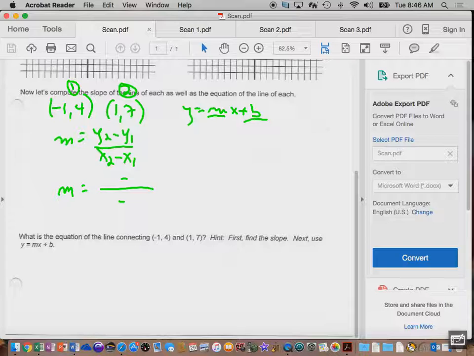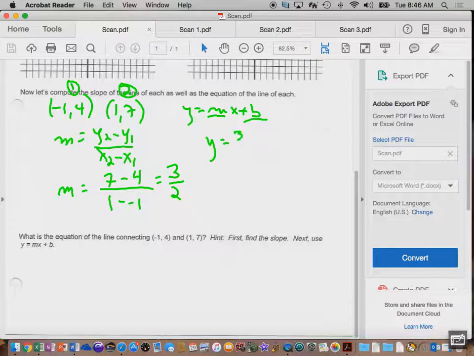In time you don't write this on top of it, but for now I'm going to do it just to emphasize. When people see this y sub 2 stuff, they often get a little bit intimidated. Don't get intimidated. This is the y from the second point minus the y from the first point. So it's 7 minus 4, over the x from the second point, 1, minus the x from the first, negative 1. And this works out to be 3 over 2.